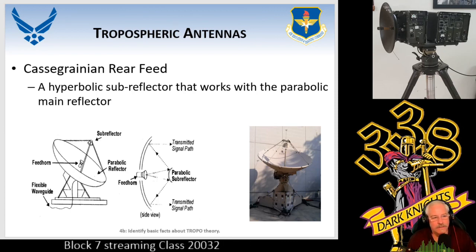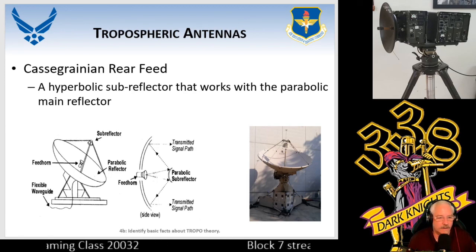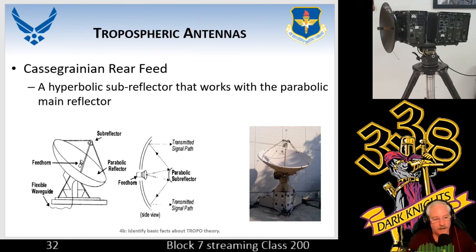Now this sub-reflector is concave, just like the dish is. The idea is we're going to do what we call a double bounce off of it when we're transmitting. Again, if I'm looking at the feed horn on the middle diagram here, that antenna is in the back of the feed horn, or the left-hand side of it.